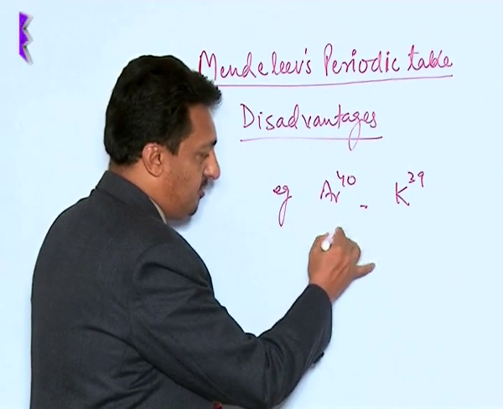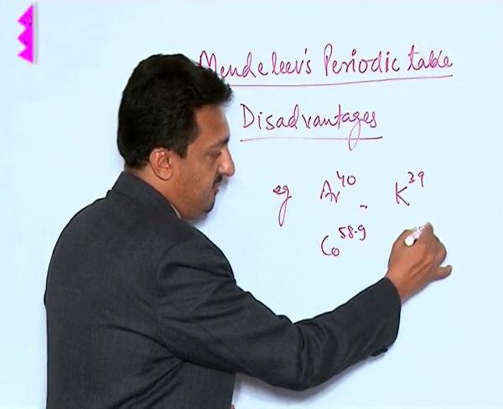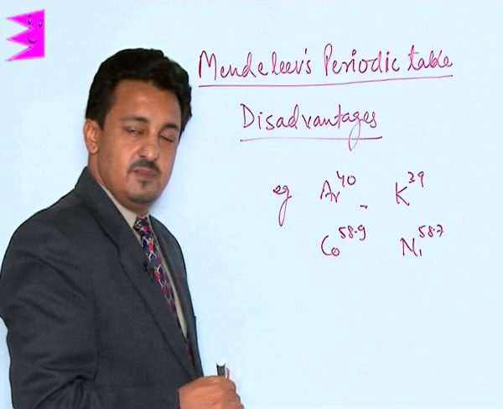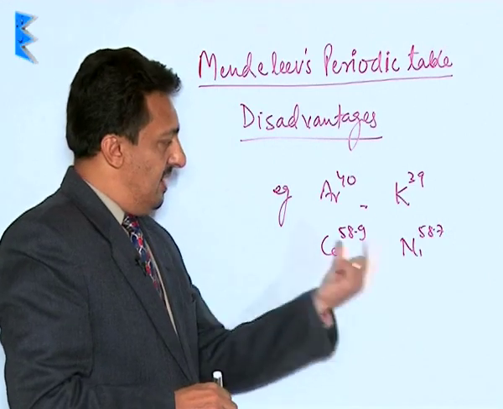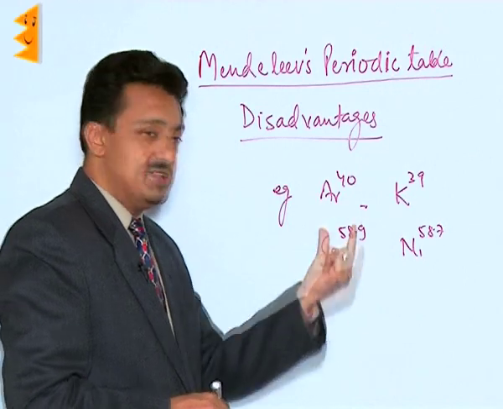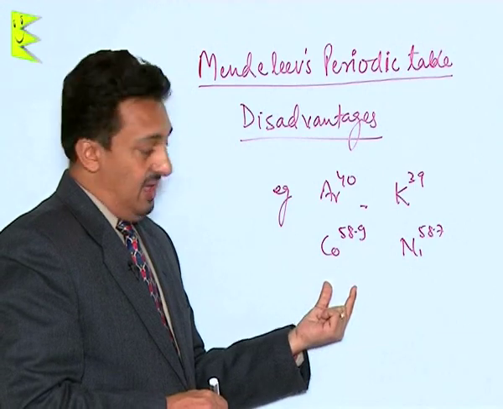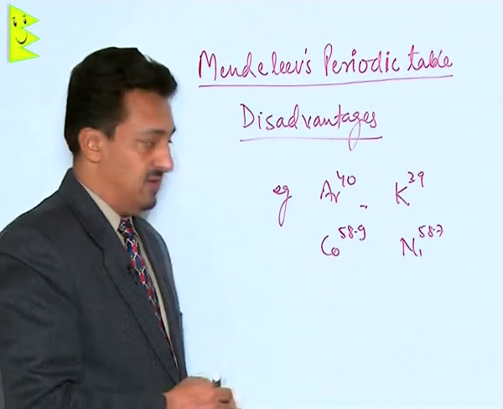Similarly, he placed cobalt 58.9 before nickel, which is 58.7. So he was not following the basic rule he had set, to arrange the elements in the increasing order of atomic masses.